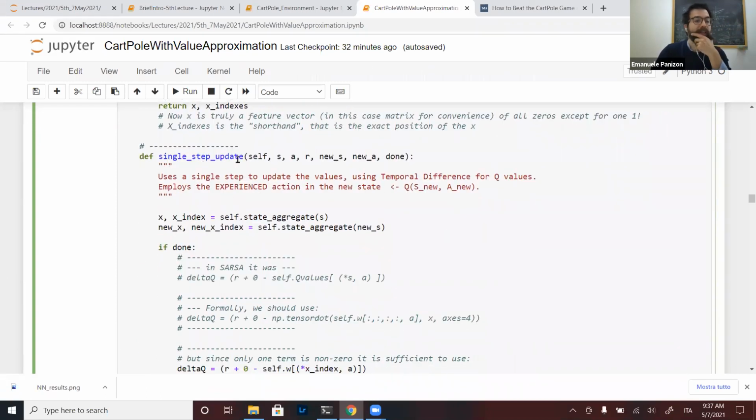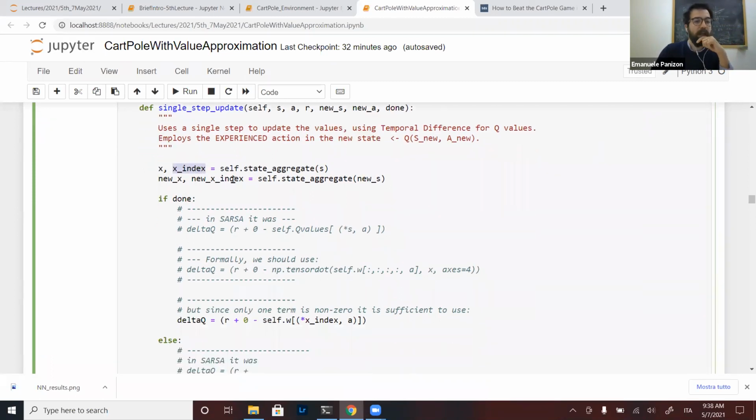And then the single step update is actually super simple. It's SARSA, so I have S, A, R, new S, new A: state, action, reward, new state, new action. But I'm not working with the state anymore. Instead of the state, I'm asking for the binning, so the feature vector X, and actually the index is where the 1 is. And instead of working with the new state, I'm working with the new feature vectors.